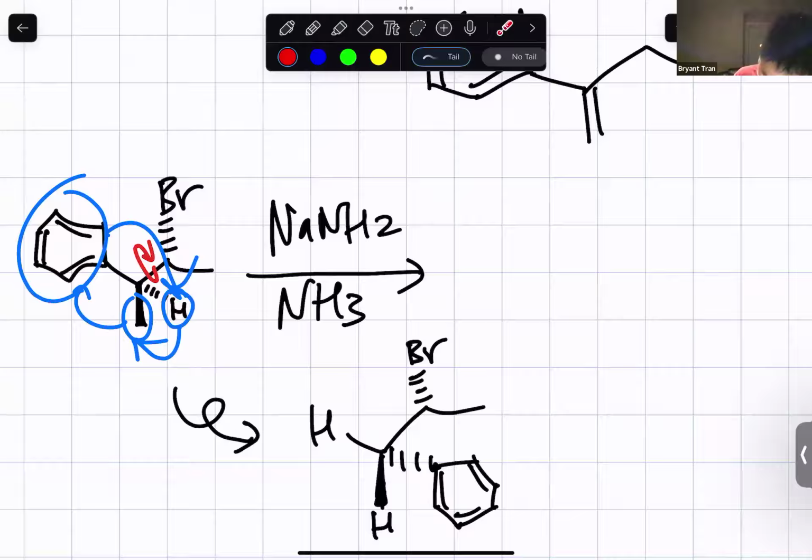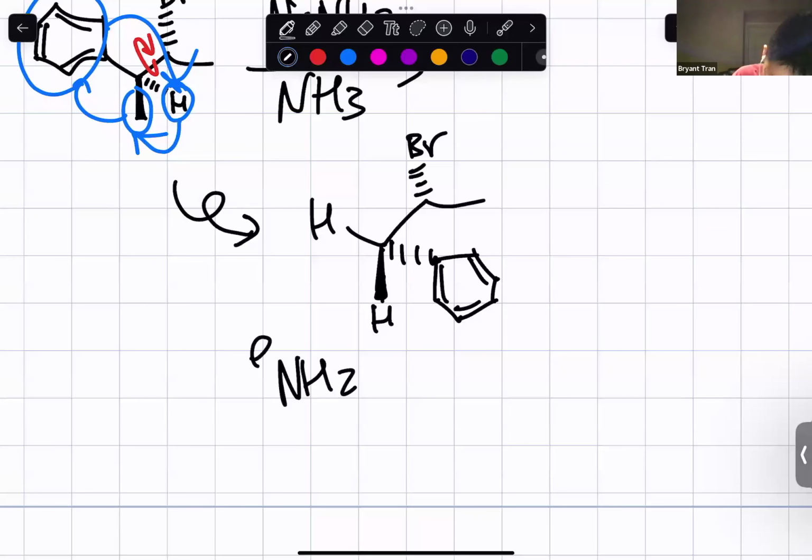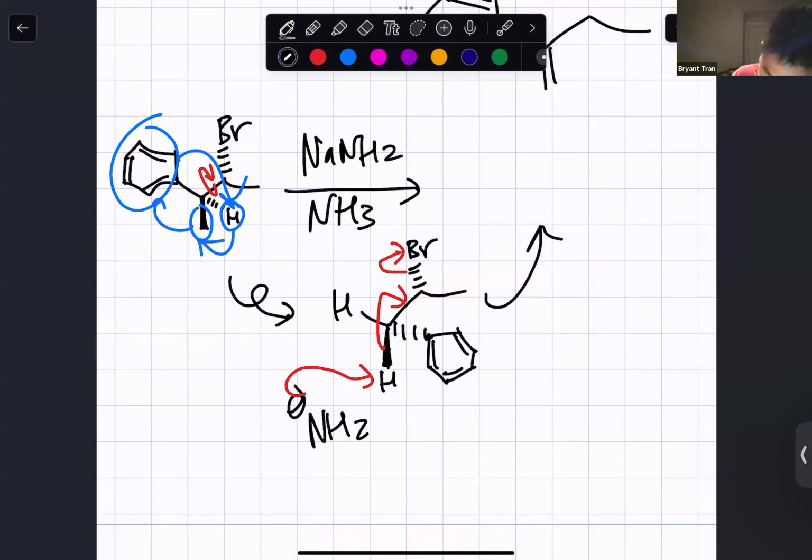Okay, now we see the beta proton is anti to the good leaving group, where the strong base can now grab, make a double bond, kick out the leaving group, leading to our correct E2 Zaitsev product. Wait, this is not hydrogen. This is a methyl group. Okay. Product. Benzyl. Like that.